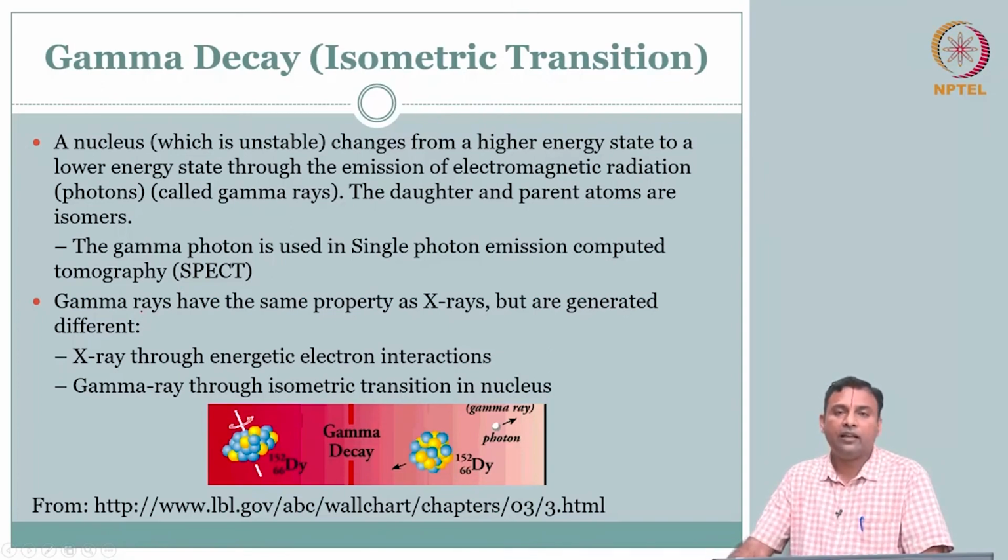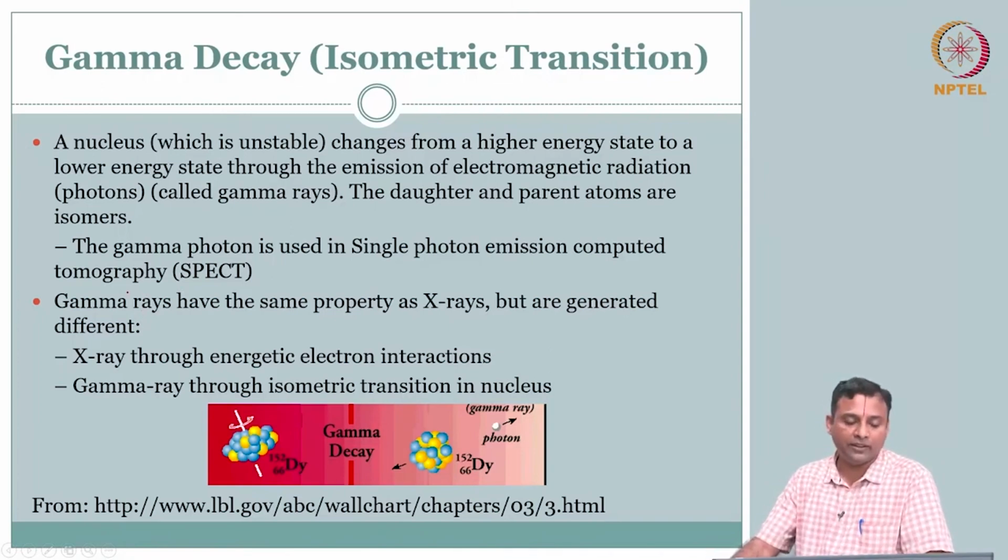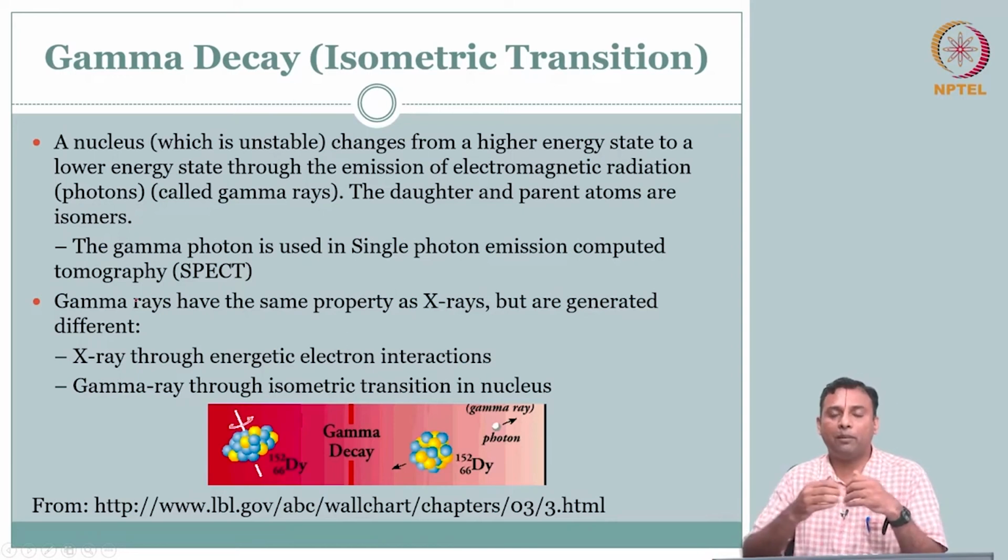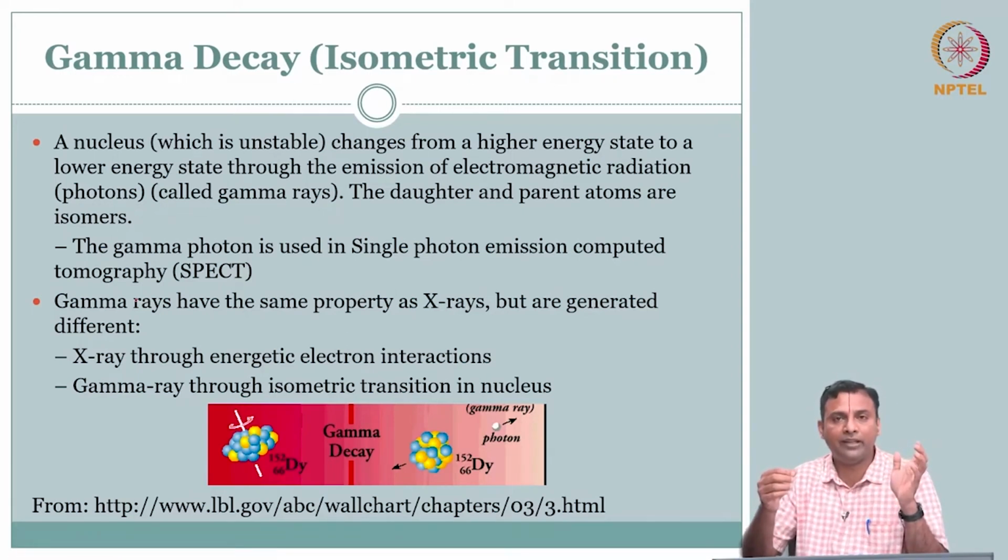The difference, just to make sure, because we do this comparison all the time: we covered X-ray first and now we are covering gamma rays. Just to alert you, we did alert you before as well. Gamma rays and X-rays are all just photons, with gamma having slightly higher energy than X-rays. So their interaction with tissue will be the same physics that we covered before.